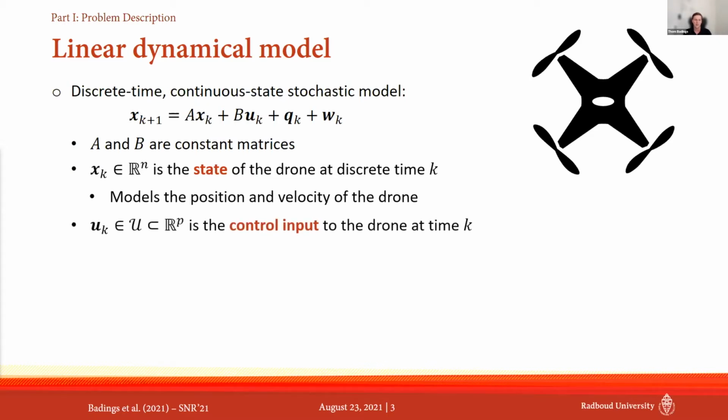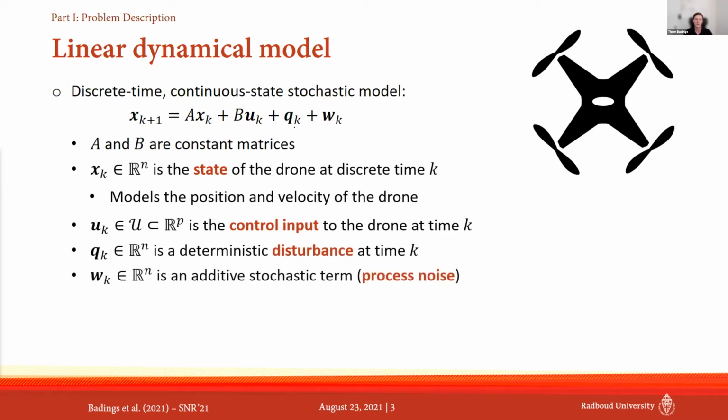And the state at time k plus 1 is then computed as a function of the previous state plus some influence of the control input, which is derived by the controller, plus a deterministic disturbance at that time k, and finally an additive stochastic term which models the process noise.